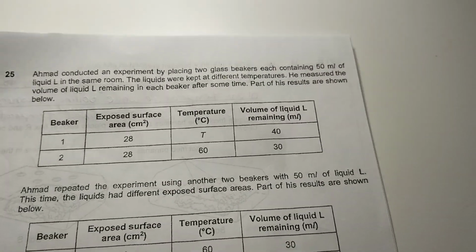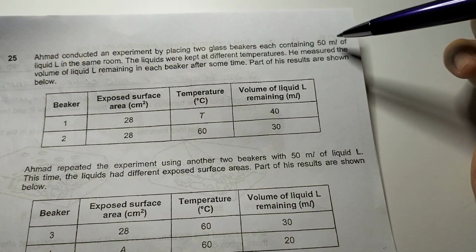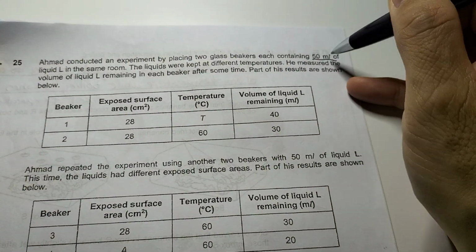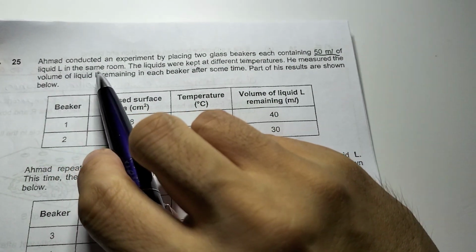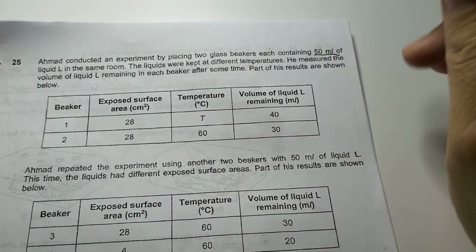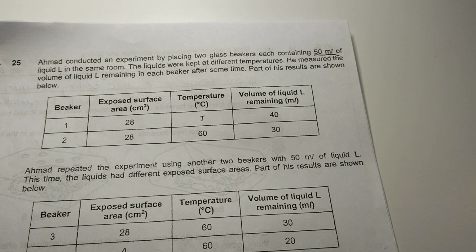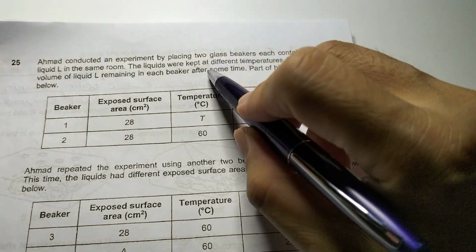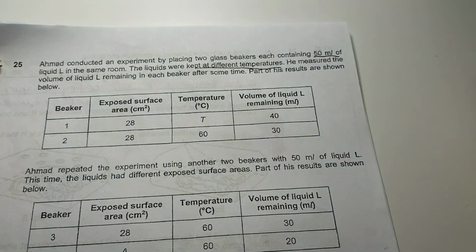So, Ahmad conducted an experiment by placing 2 glass beakers, each containing 50 ml, the same amount of water, and the same type of liquids, in the same room. Same room means the same temperature. So when the amount of water is the same, wind condition is the same, surrounding temperature is the same, but the liquids were kept at different temperatures. This is interesting. The liquids were kept at different temperatures.